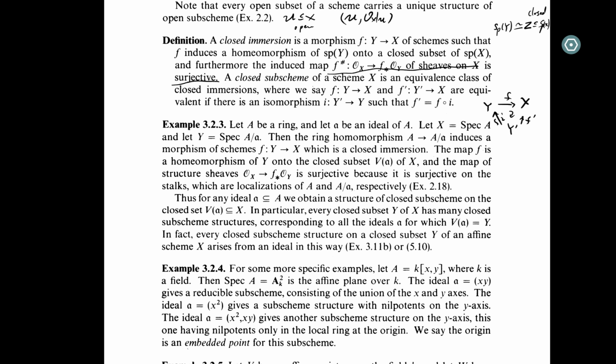Let's see some examples. Let A be a ring and let a be an ideal of this ring. Let X be Spec A, the whole space, and let Y be Spec of the quotient ring A/a.